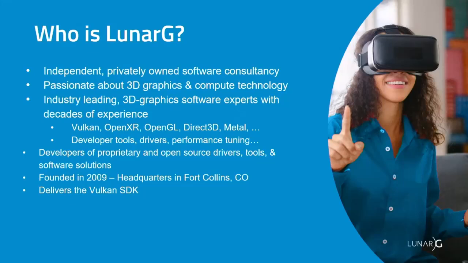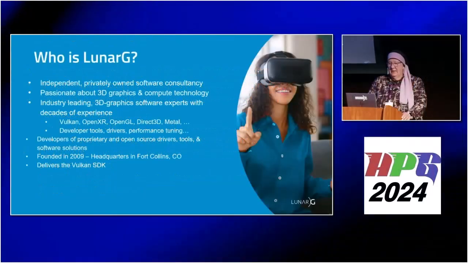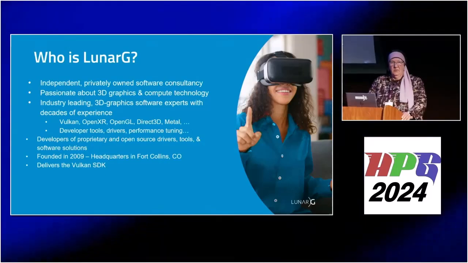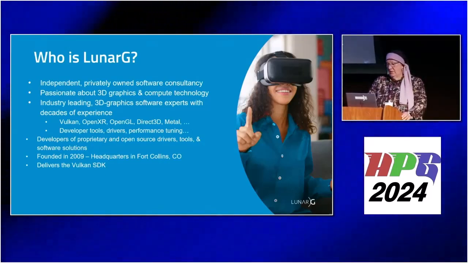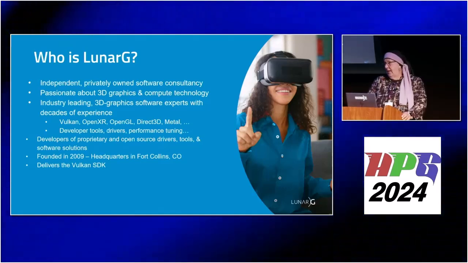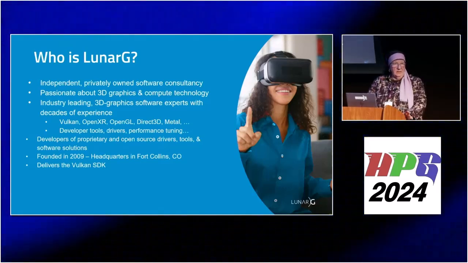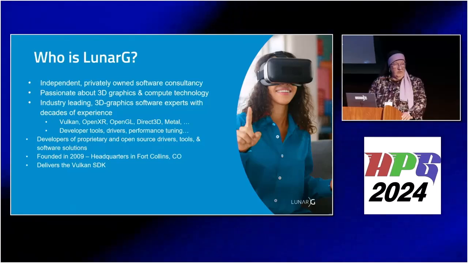We develop proprietary and open source tools, drivers, performance tuning, developer tools. Originally, it was founded in 2009, and it's headquartered in Fort Collins, Colorado. So that's 1 hour north of here. So this is home for me. I've lived in Colorado all my life. And we are the ones that, as Johanna said, we deliver the Vulkan SDK.